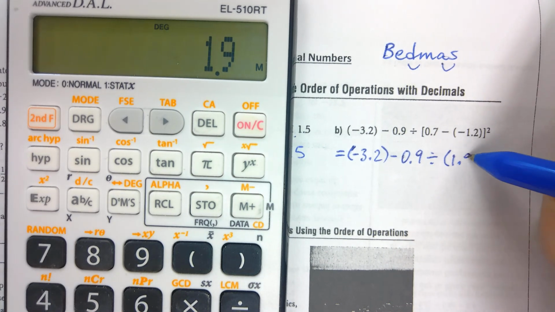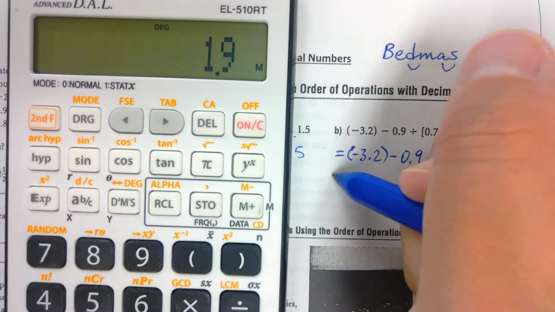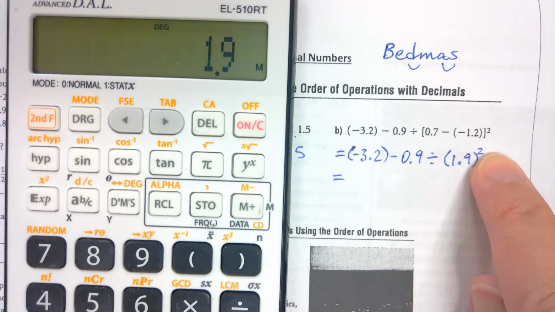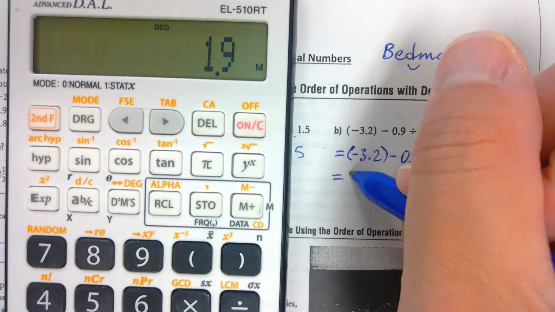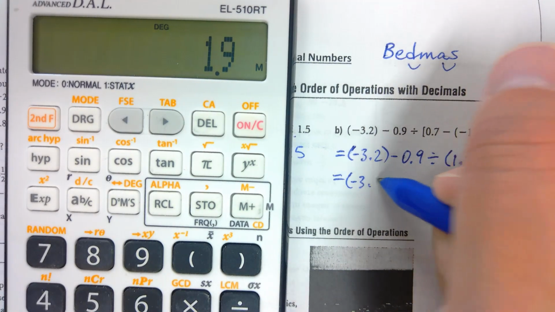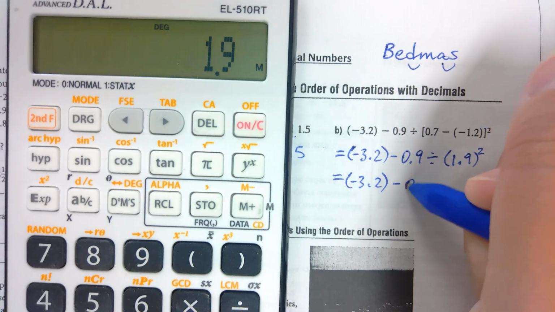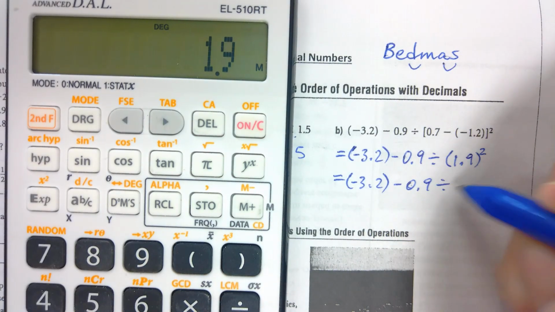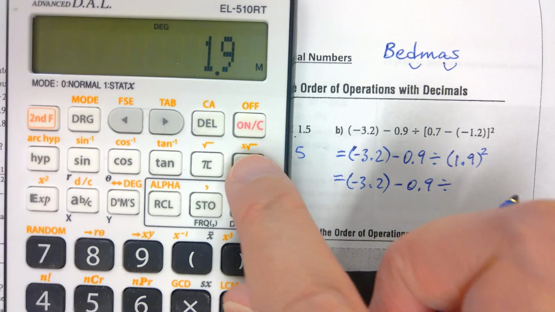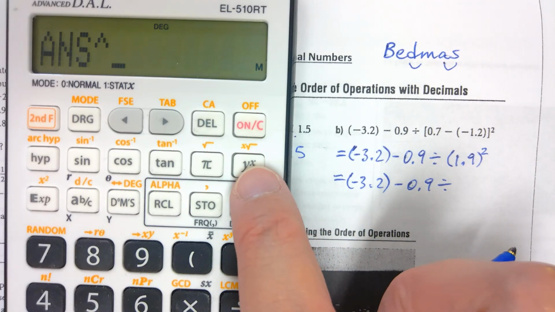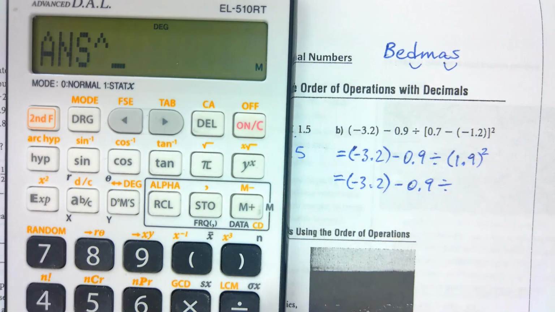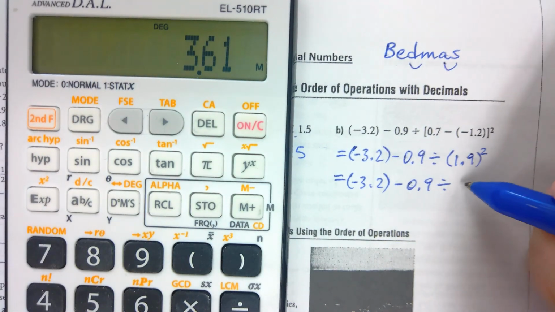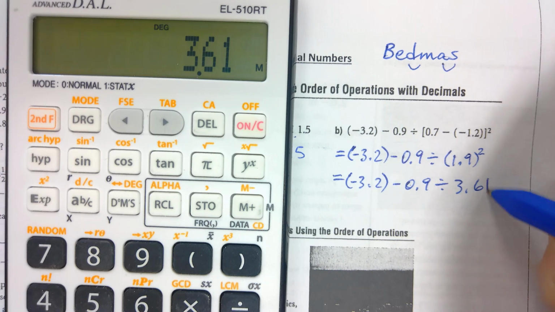So you get 1.9 squared, and then decimals, exponents first. Negative 3.2 minus 0.9 divided by 1.9 squared. This is your exponent button on your calculator. Make sure you know where the exponent button is. 1.9 to the exponent 2, you get 3.61.